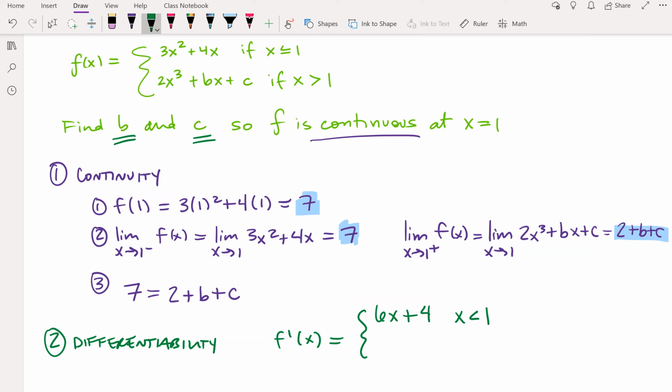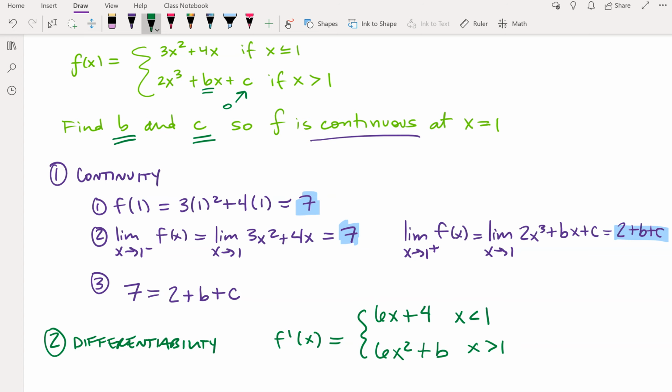The bottom piece, we have 6x squared. And then b is a constant, so if it's a constant on x, the derivative is just that constant, plus b. And the derivative of the constant c is 0. So that's our derivative, 6x squared plus b for x greater than 1.